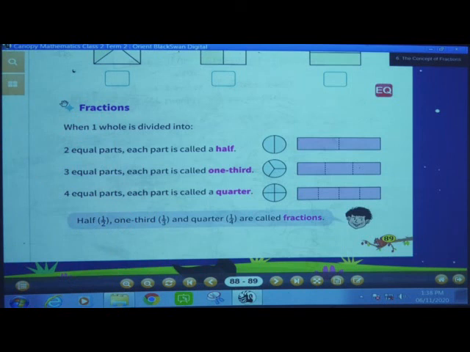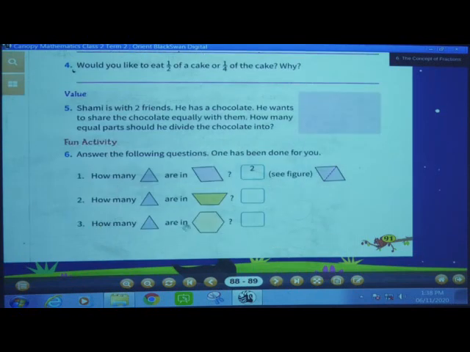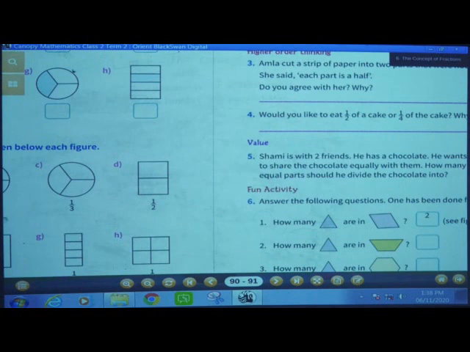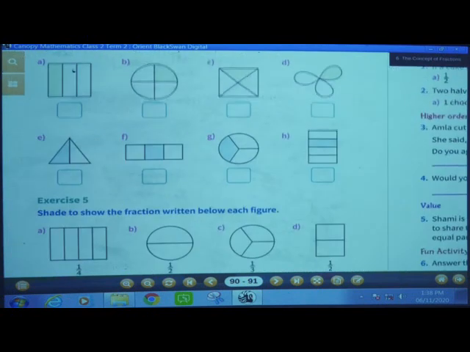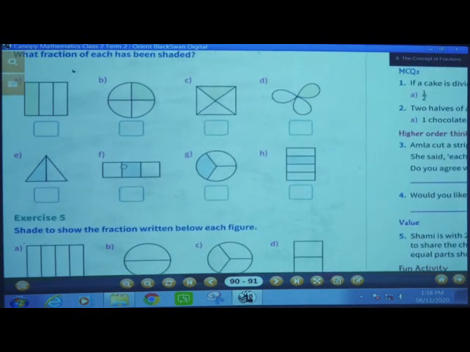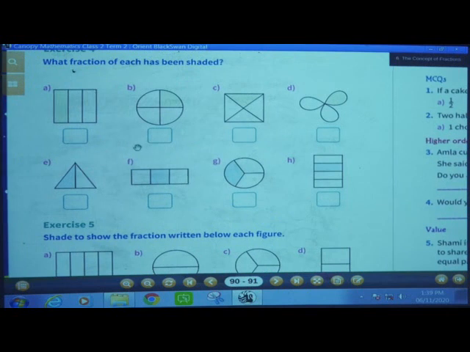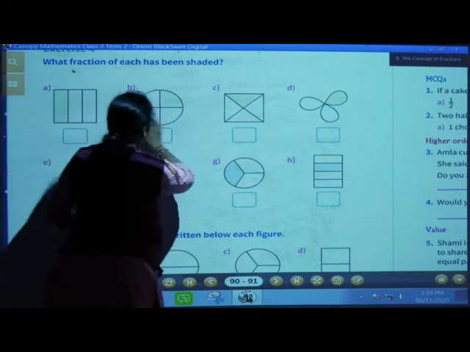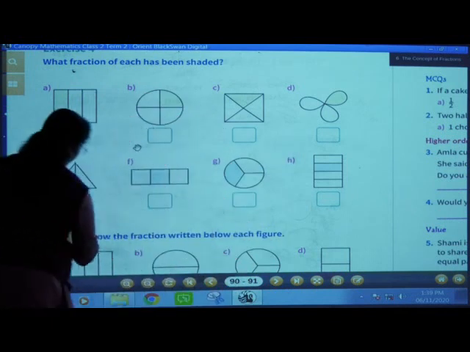Now next, turn the page, page number 90. What fraction of each has been shaded?